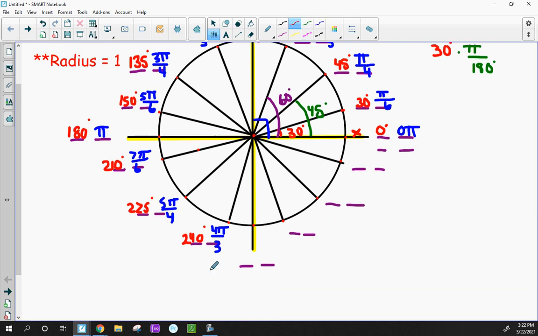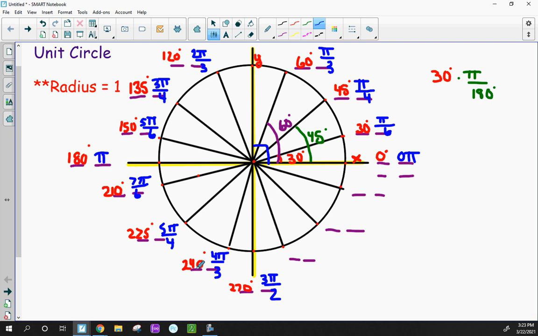Okay, next you're going to take 240 and add 30 to it, and you're going to get 270 degrees at the bottom. In radian mode, that is 3 pi over 2.